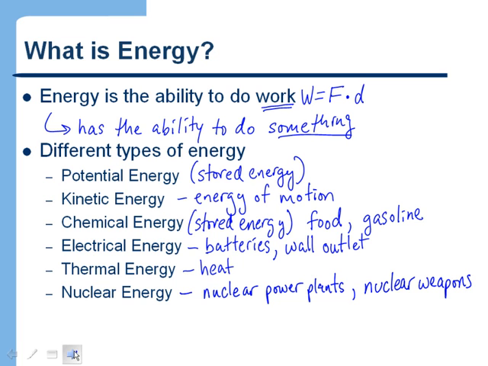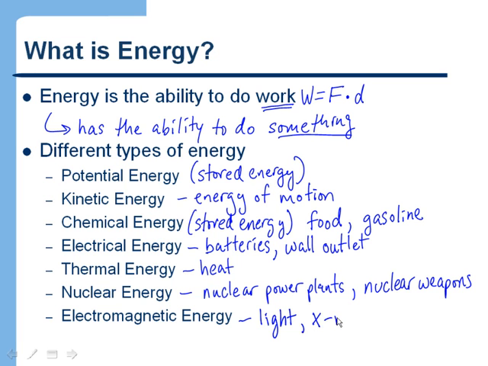And then finally, the last type of energy we have is called electromagnetic energy. And as we're going to talk more about in just a minute, electromagnetic energy is energy that's carried by light. And it turns out it's not just light, but a number of related types of electromagnetic energy, one of them being X-rays.